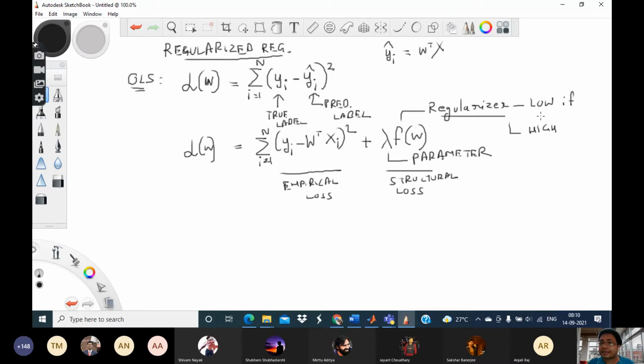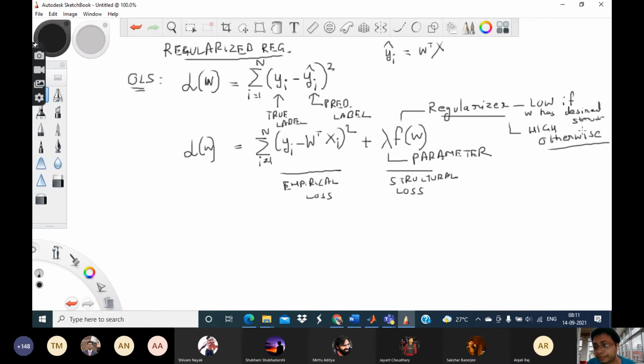That structure being W close to W naught is a special case; the desired structure can be something else also. So low if W has the desired structure, and high otherwise.